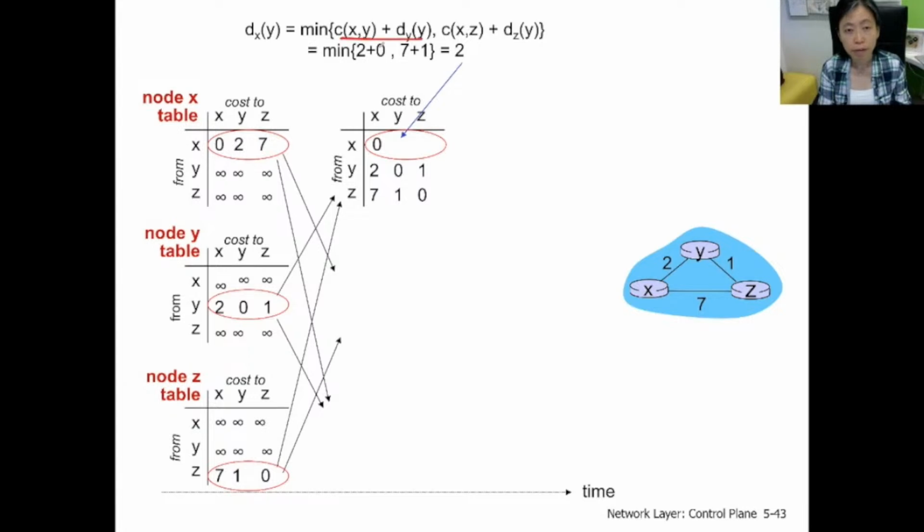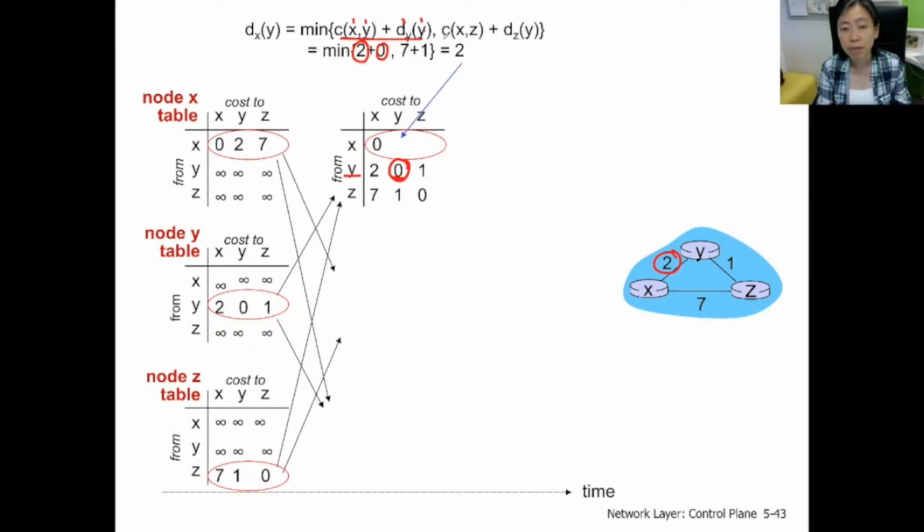For the first sum, we use the link cost from the source to the first neighbor, and then add the shortest distance from the neighbor to the destination. In this case, the neighbor happens to be the destination, so dyy says 0. Link cost xy is 2, so 2 here.